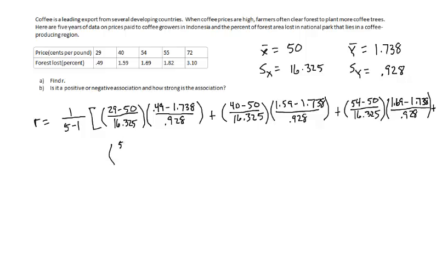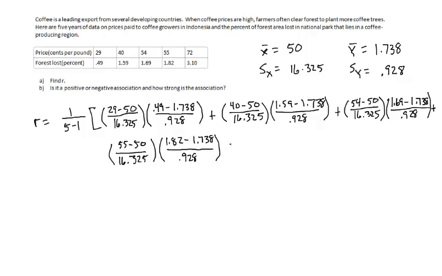We have 55 minus 50 divided by 16.325 times 1.82 minus 1.738 divided by 0.928.